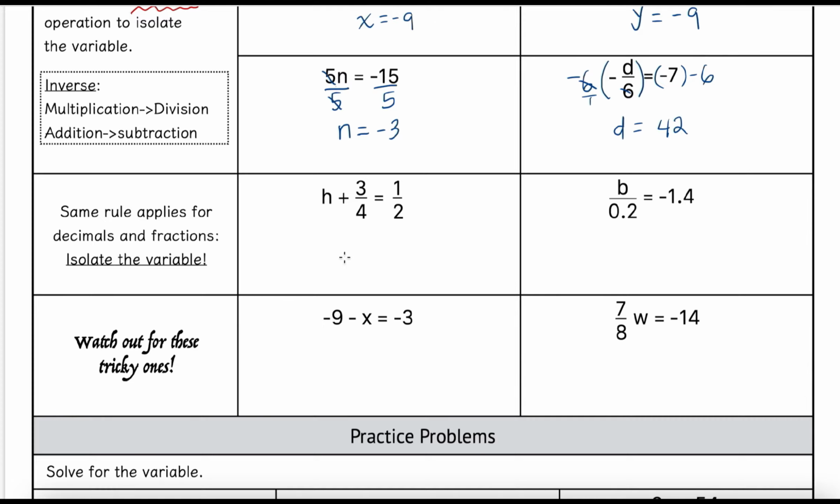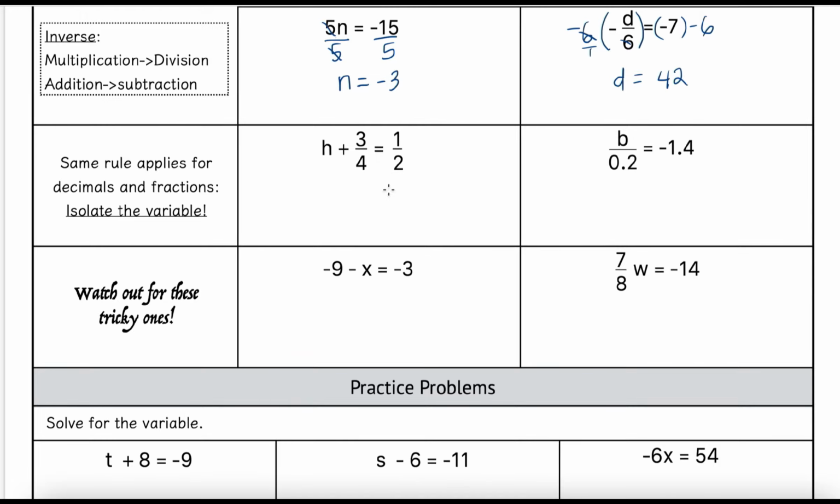Moving on to some questions with fractions and decimals. The same rule applies for decimals and fractions, so nothing changes. Here we have plus 3/4, so we are going to subtract 3/4, and we do the same to the other side of the equation. h is equal to, and that simplifies to 0, 1/2 minus 3/4.